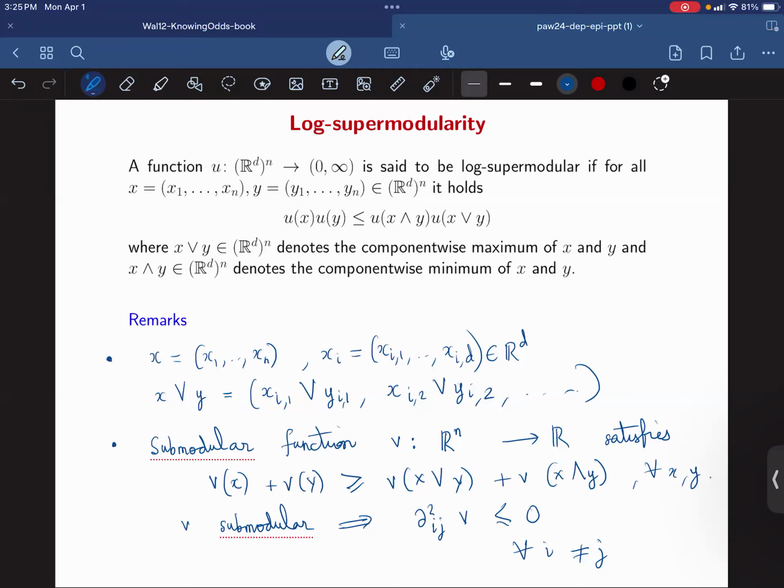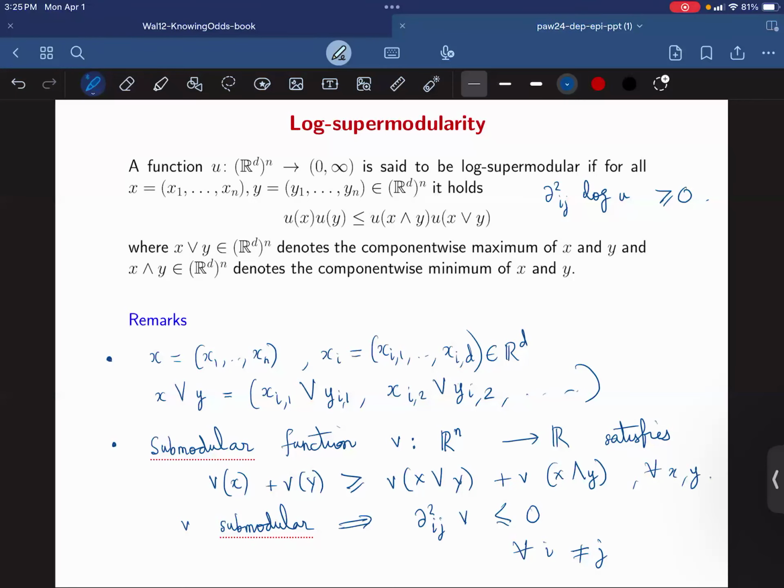And similarly, one can of course give a local characterization of log supermodularity. So this is equivalent to the second partial derivative ij of log of u being greater than or equal to 0, right? So that's an equivalent characterization of supermodularity if you are looking at C2 functions.